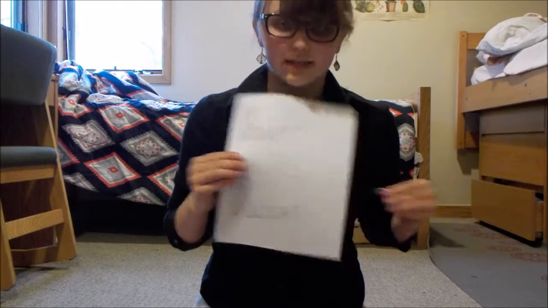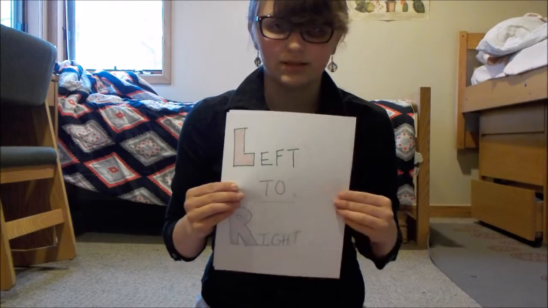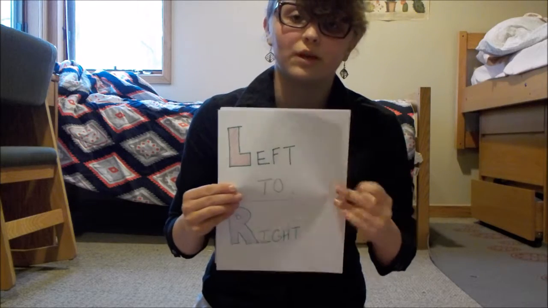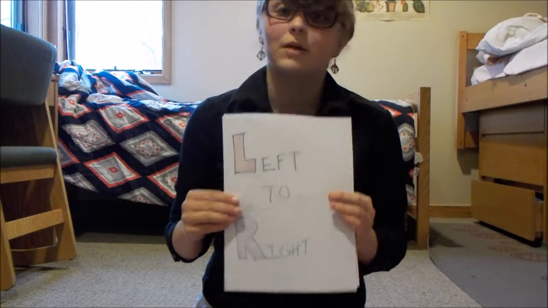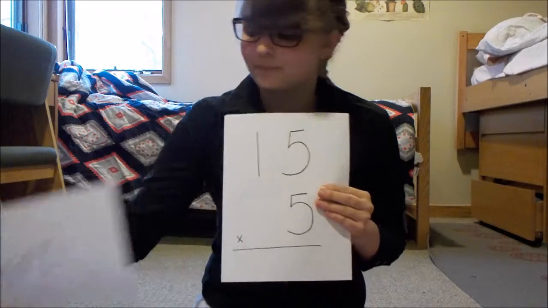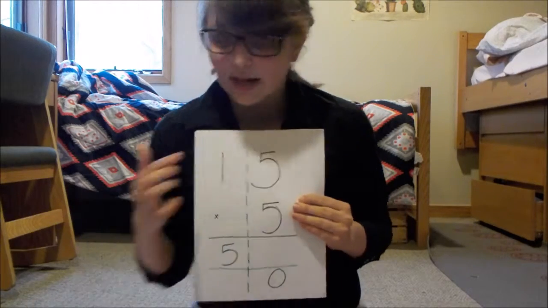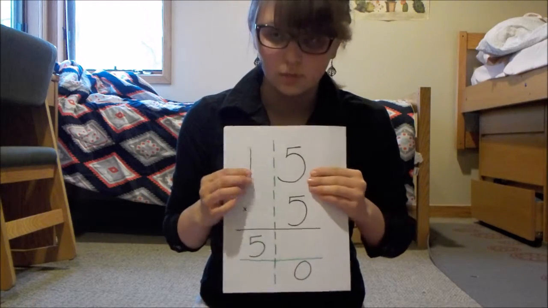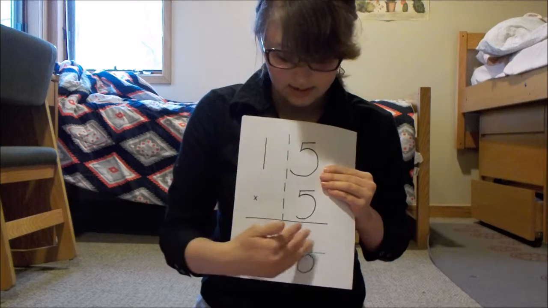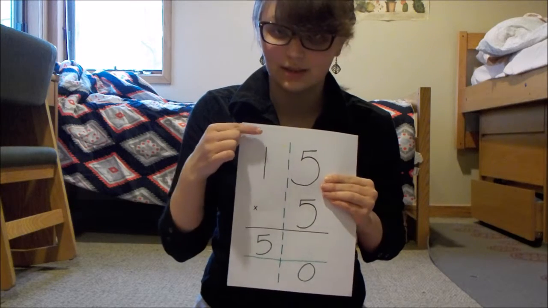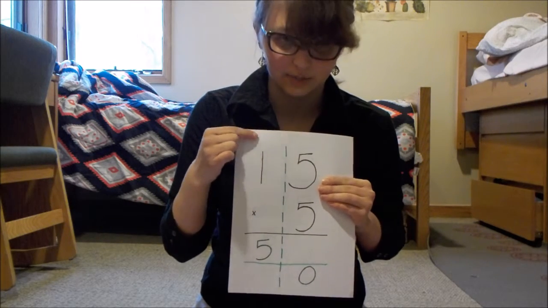So, then we can move on to left to right. It's just as simple as right to left, only we're moving from left to right, much like how we read in English. So, we have 15 times 5. But instead of starting with 5 times 5, we'll start with 10 times 5, because the 1 of 15 is in our tens place.